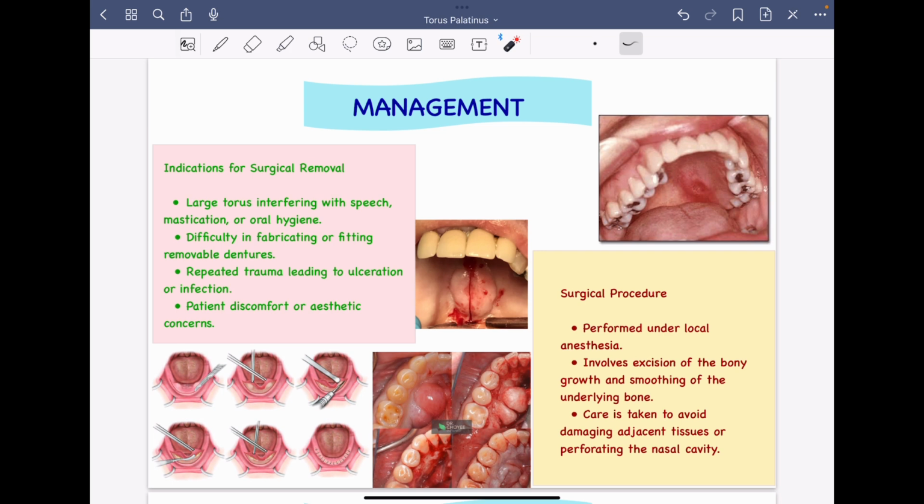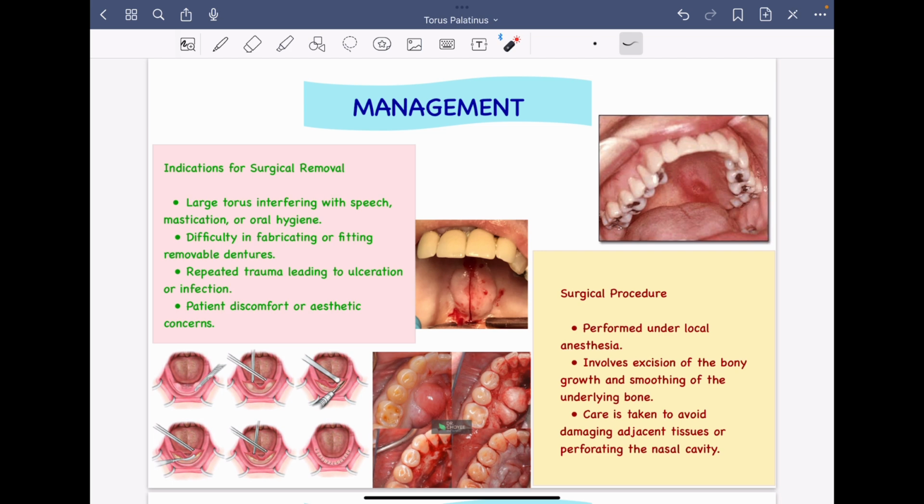Then if there is any difficulty in fabricating or fitting of removable dentures, then repeated trauma leading to ulceration or infection of the tori, or if the patient is complaining of aesthetic concerns or there is a general discomfort to the patient. So these 4 are indications for surgical removal of the Torus palatinus.